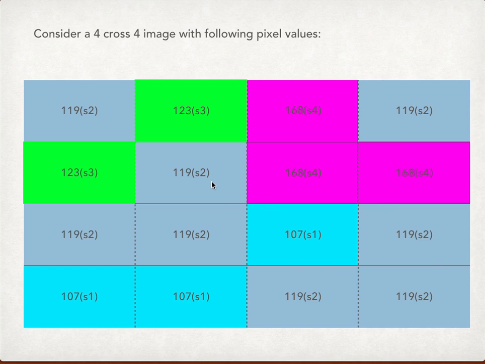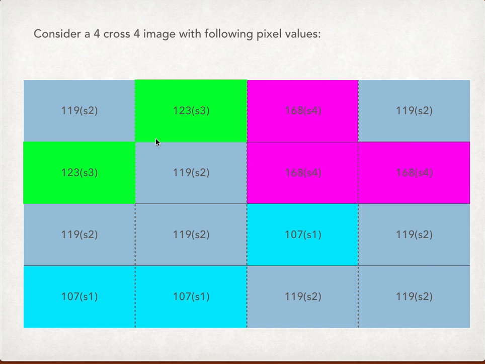S2 is the symbol which is occurring more frequently here, so it assigns fewer bits, that means 1 or 2 bits for this S2. And 123 is not very frequent in this array, so it assigns more bits, around 3 bits, for this symbol. So Huffman coding is a variable length code.